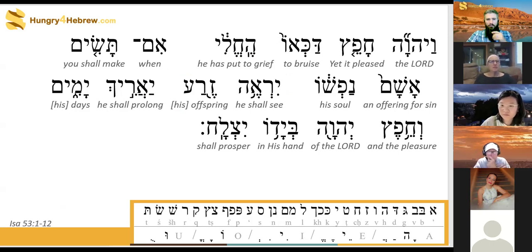And then you've got im tasim asham nafsho, and then it goes into third person, but that's a second person. If you shall make his soul a sin offering, then he shall see his seed lengthen of days. Let me offer something. If we have Tasim as either 2MS or 3FS, where's the 3FS? Where's the 2MS?